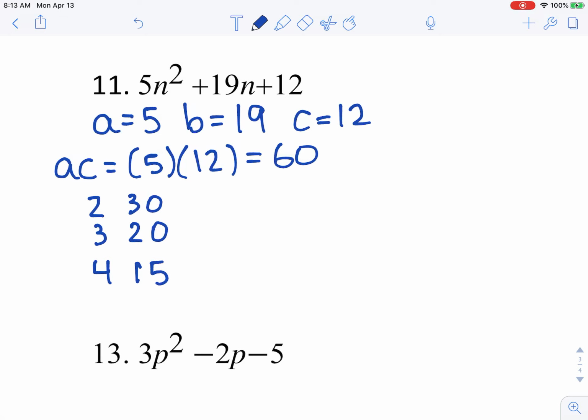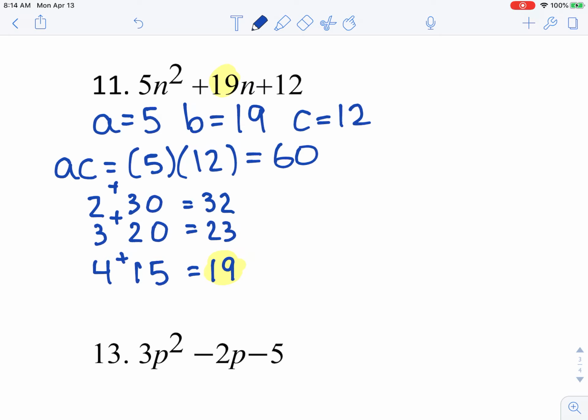Then just like before, we're going to add these together. And I'm looking for the pair that add up to my B.